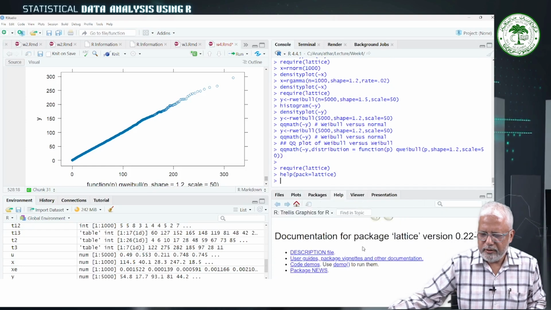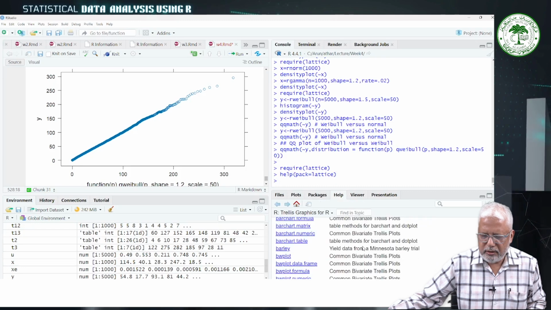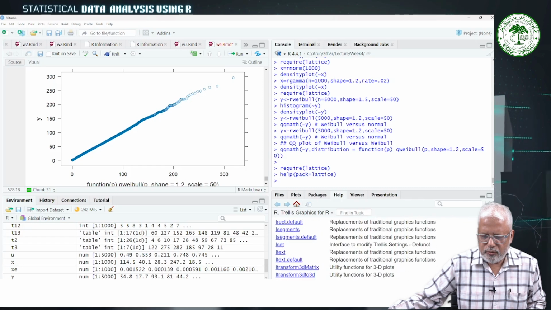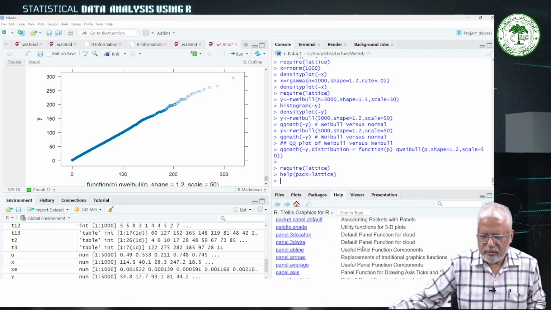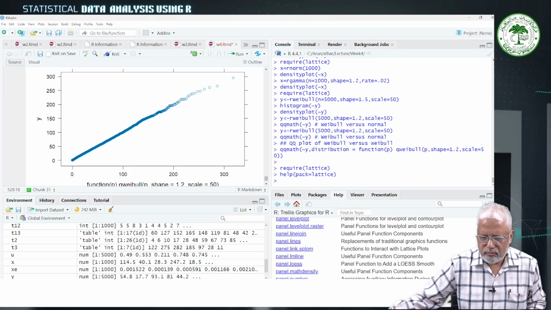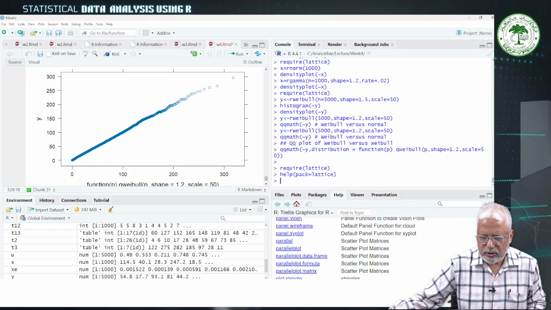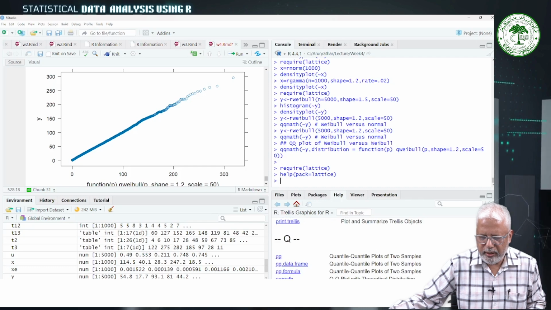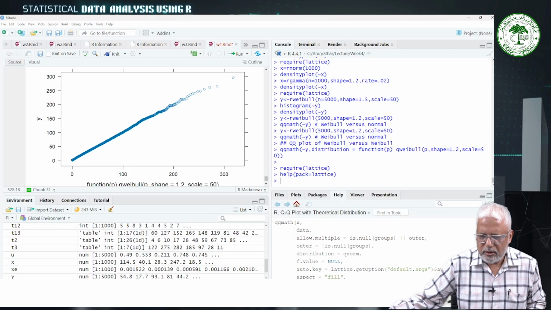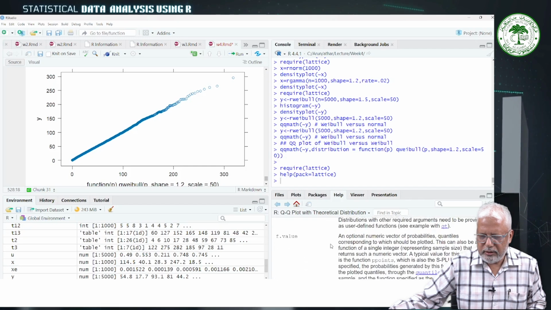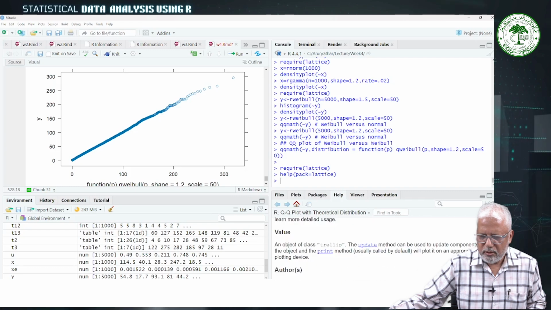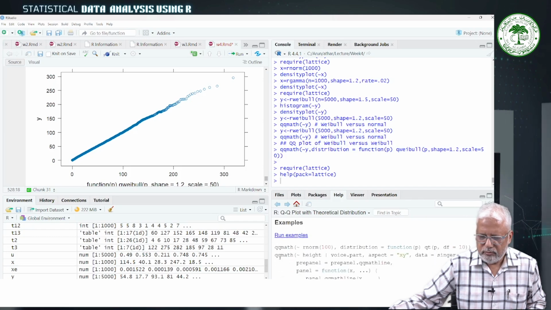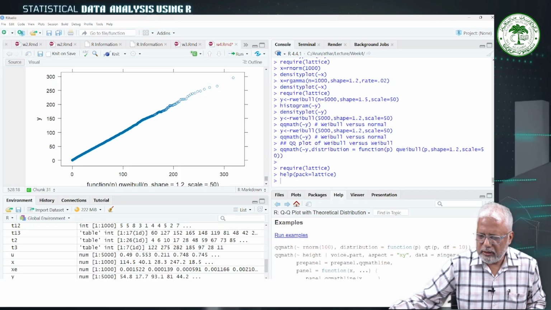See, trellis graphics for R, and here we can go for qqmath. Here are the details of qqmath, and here we have a data example. We can run this.